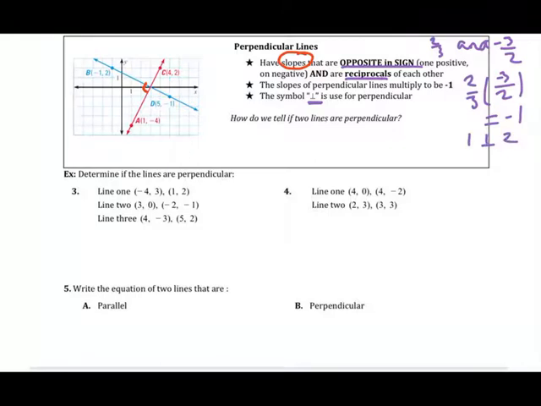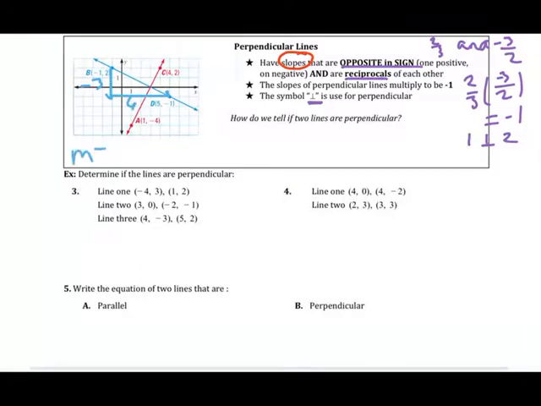Let's look at this graph and see, are these lines actually perpendicular? They look perpendicular, but let's check. To do that, I need to count the rise and the run, or use the slope formula. So let's count here. This looks like I'm going down 3 and over 6.